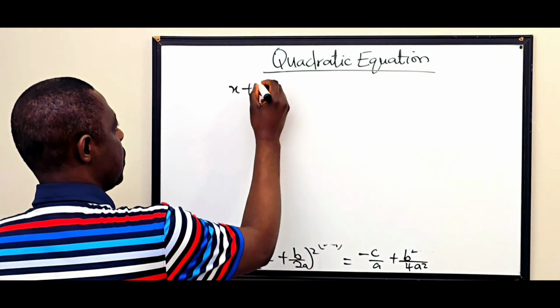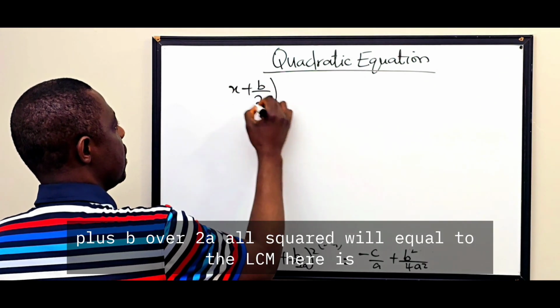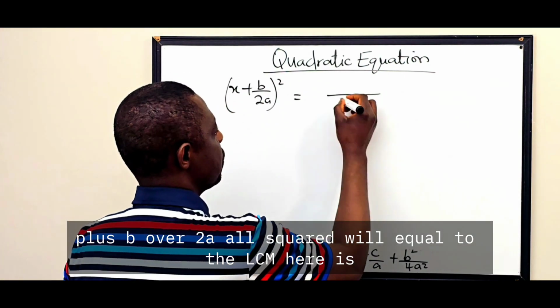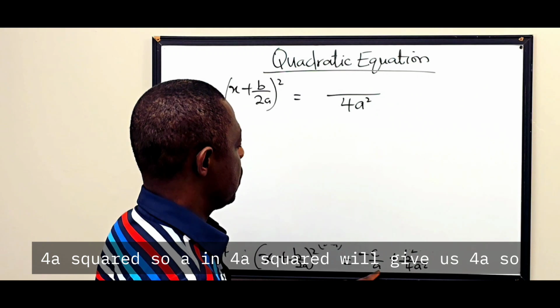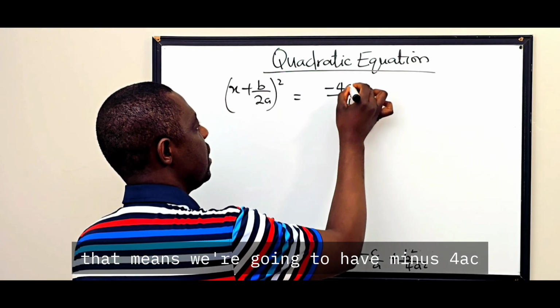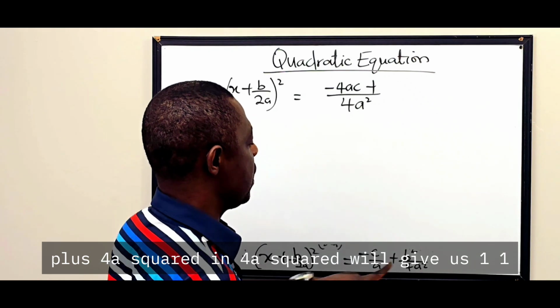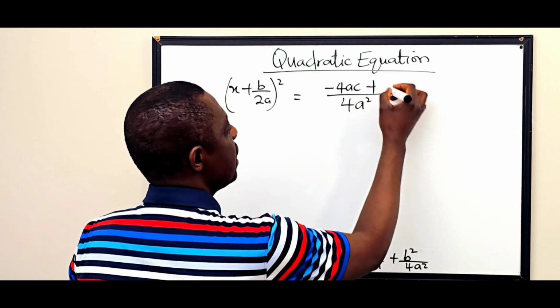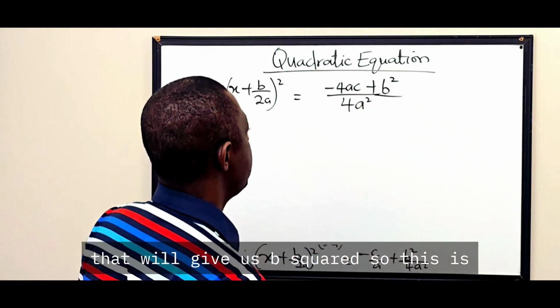The LCM here is 4a squared. So a in 4a squared gives us 4a, so we have minus 4ac, plus 4a squared in 4a squared gives us 1, and 1 multiplied by b squared gives us b squared. So this is what we're going to have.